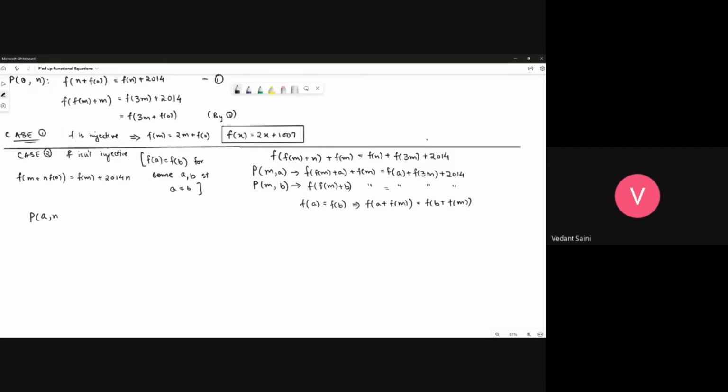A comma n gives us f of A plus f of A equals f of n plus f of 3A plus 24.